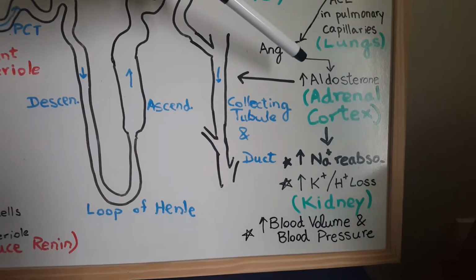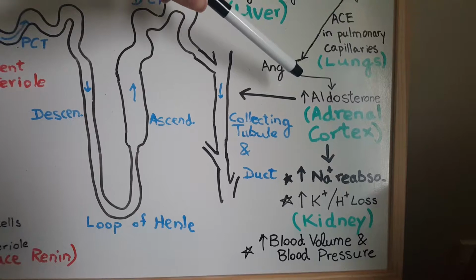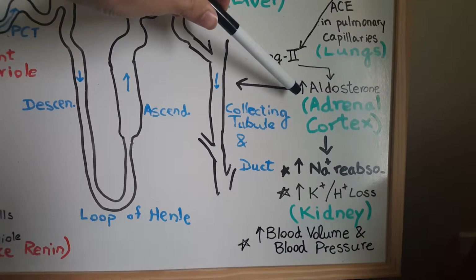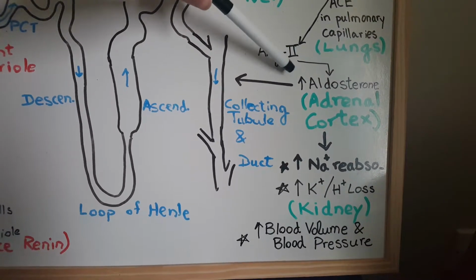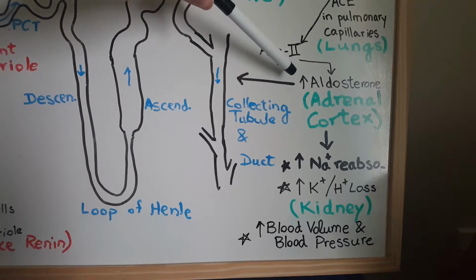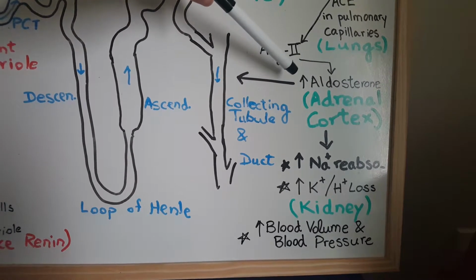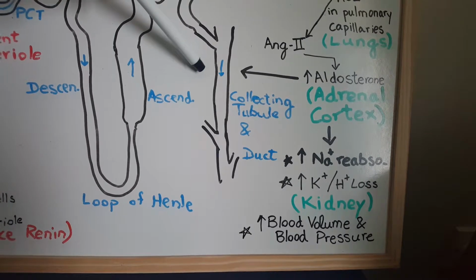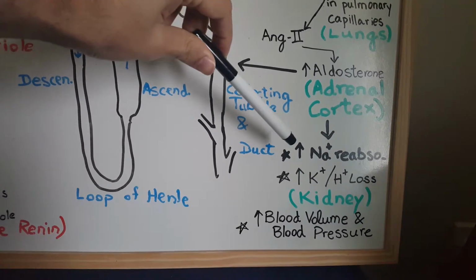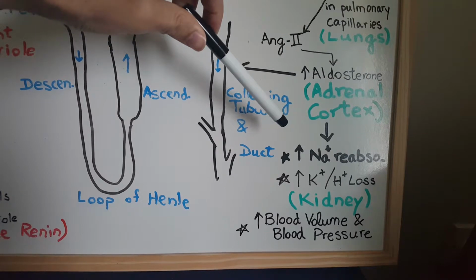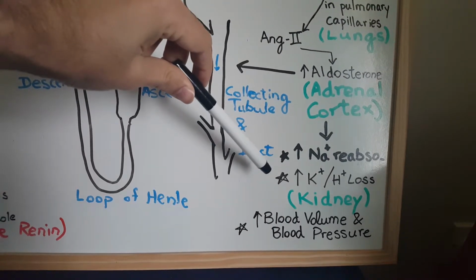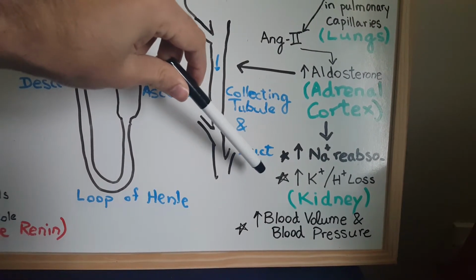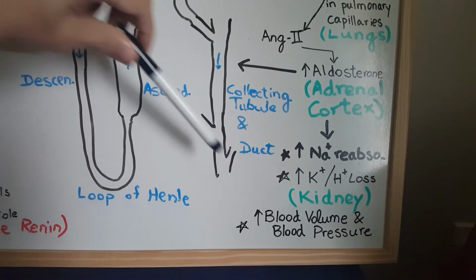Angiotensin 2 acts on the adrenal cortex and results in stimulation of production of aldosterone. Aldosterone acts on the collecting tubules of the nephrons, resulting in increased reabsorption of sodium and increased loss of potassium and hydrogen ions from the kidneys.